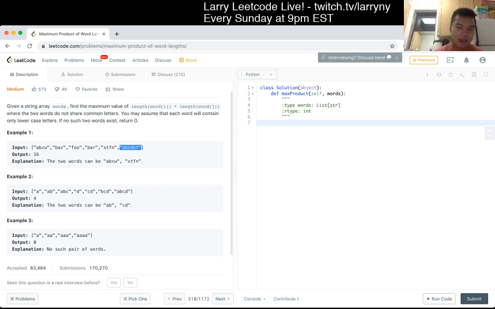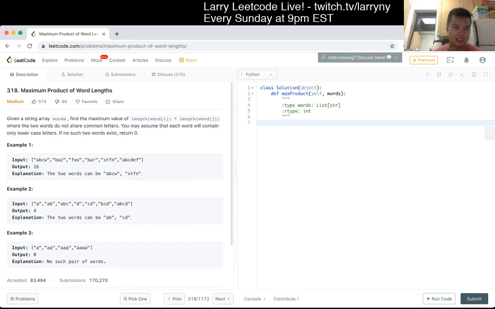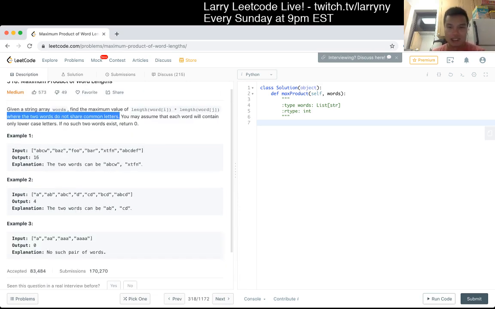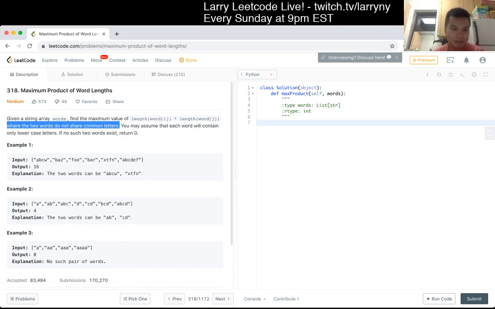It probably won't be say 1,000,000 characters, but if it's long enough, then maybe the optimization isn't on the nested for loop. Maybe the optimization is on calculating whether the two words share any common letters. Maybe that should be optimized, right? And without these constraints, we don't know how to optimize, which is kind of sad.